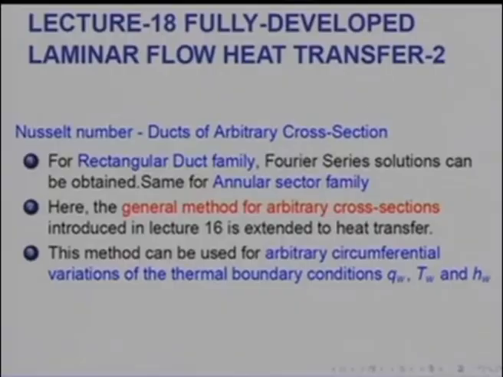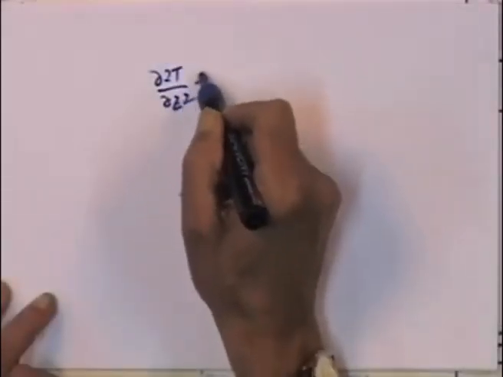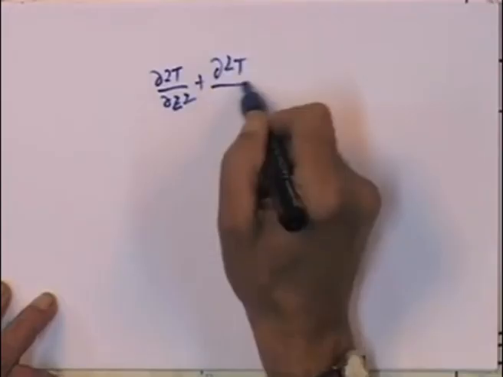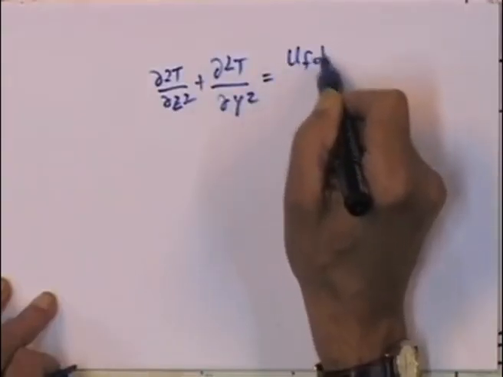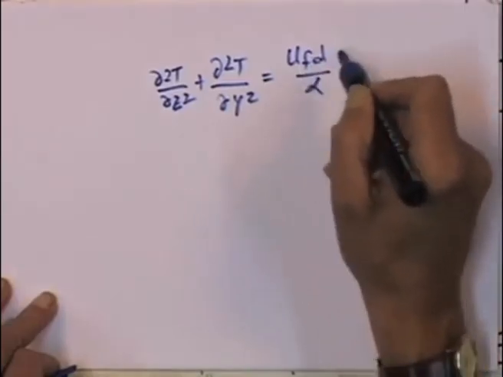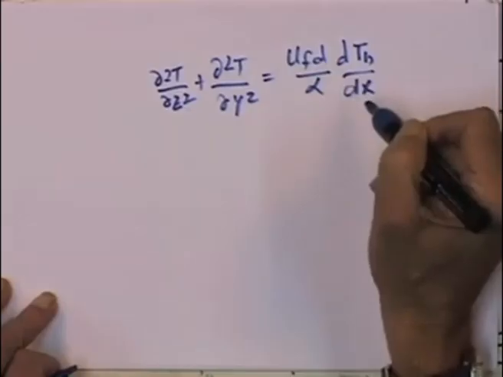Ducts of this type can be solved exactly by the methods that were described there, because you get a Poisson equation of the type d2T/dz^2 plus d2T/dy^2 equal to u fully developed divided by alpha into dT bulk by dx.